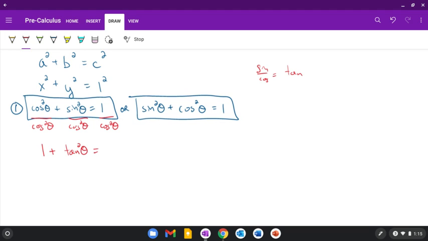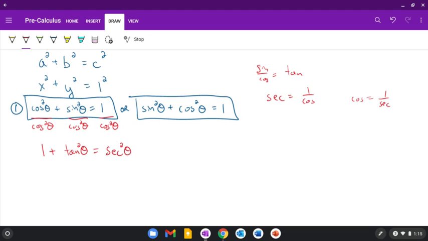And then this other one, 1 over cosine squared, you might also remember that secant is the inverse of cosine. So secant is 1 over cosine, in the same way that cosine is 1 over secant. They're interchangeable in that way. So 1 over cosine squared is equivalent to secant squared theta.